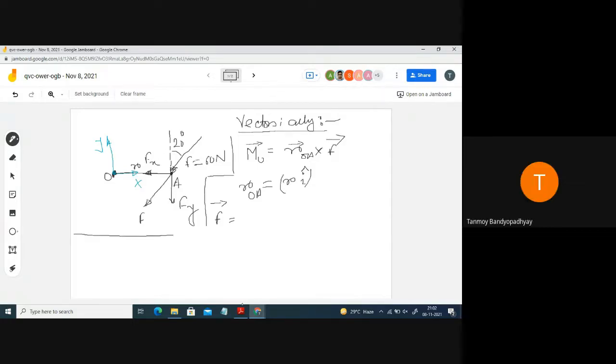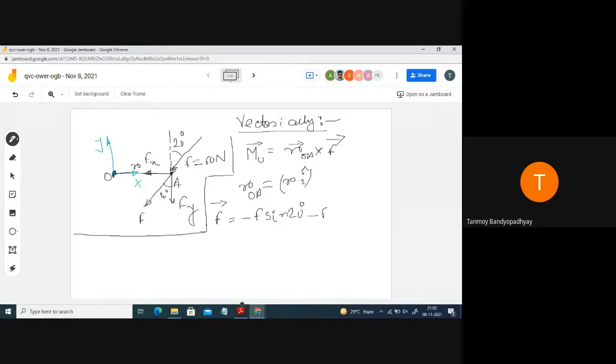Similarly, vector F. So vector F will be equal to Fx i cap plus Fy j cap. Fx is in the negative x direction, as you can understand, since the angle is 20 degrees. So Fx is minus F sine 20 degrees, and y is also negative, so this is minus F cos 20 degrees j cap.